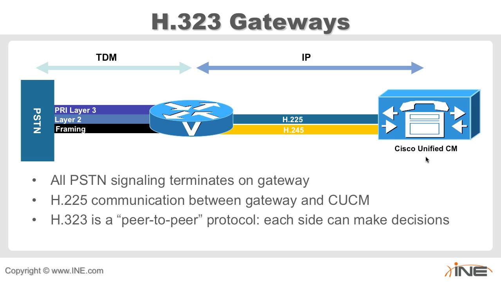It relays between 2 endpoints that don't want to talk directly to each other for reasons of security or whatever. But again, we don't use it anymore. Why? Because we have CUBE, IP to IP gateway, because we have trusted relay points. We have other things that can provide a lot more functionality. So we don't use proxies, we don't use MCUs as they are defined or related directly to H323.